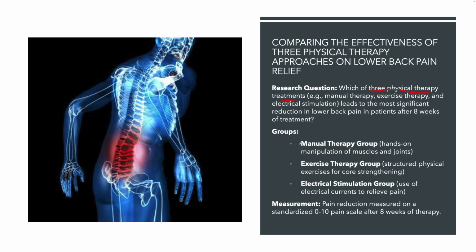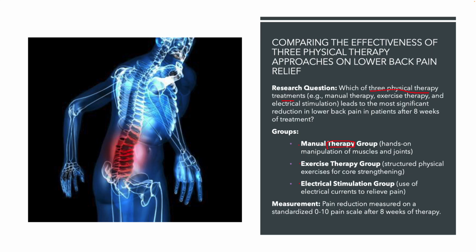So I have my 1, 2, 3. There are 3 groups. I'm looking at one variable, which is what type of therapy. And let's say pain reduction is measured on a standard 0 to 10 pain scale after 8 weeks of therapy.